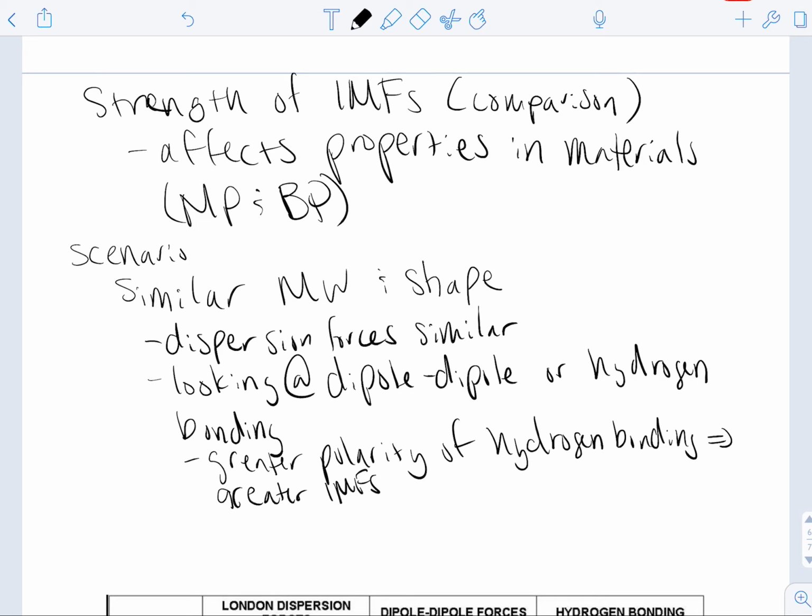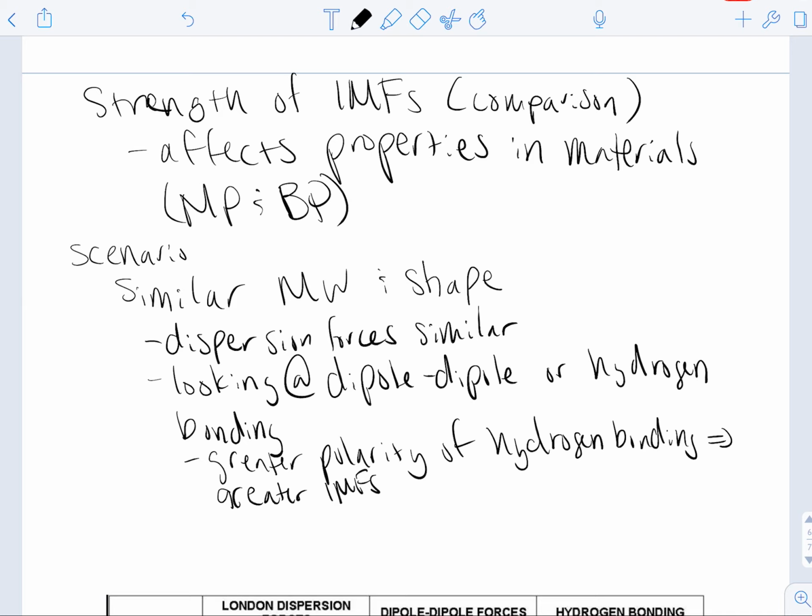Remembering that if we have hydrogen bonding, that's going to be the greatest intermolecular forces in our pure substances. If we don't have hydrogen bonding at all, but we have varying molecular weights, then our greater molecular weight is the one that's going to have our greater intermolecular force. And of course, taking into account surface area.